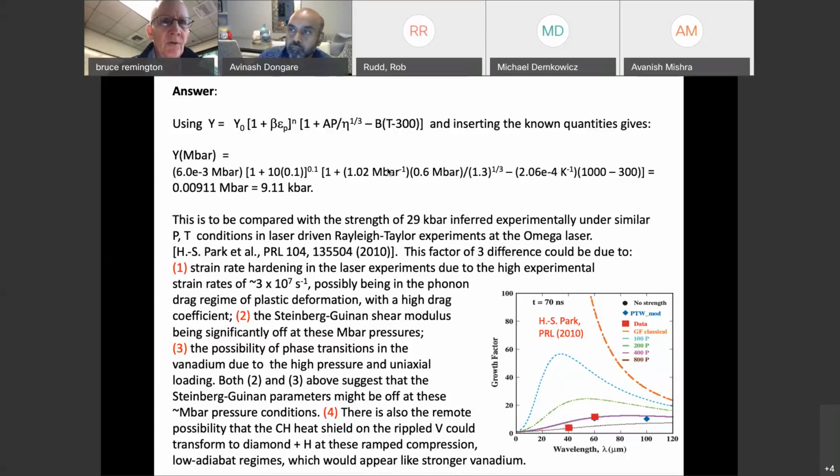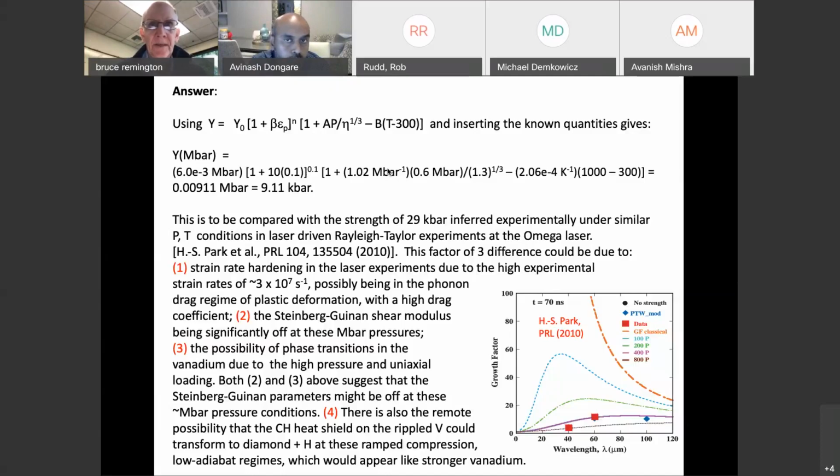So that leads to an experimentally inferred strength of 29 kilobars compared to the prediction by the Steinberg-Guinan model above of 9 kilobars. So the prediction by Steinberg's model is a factor of 3 lower than the experimentally inferred strength from the experiments.